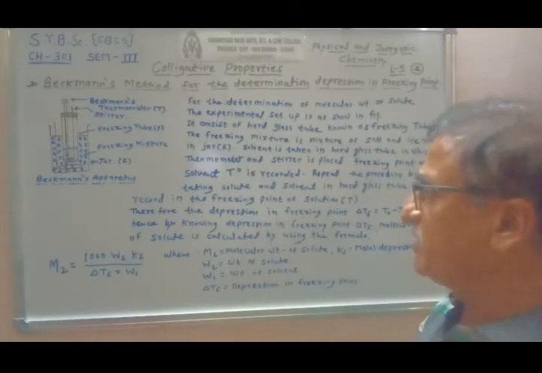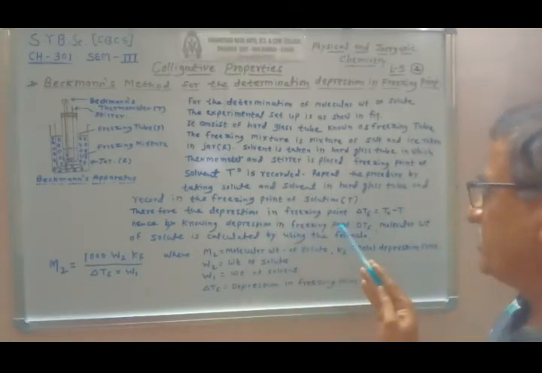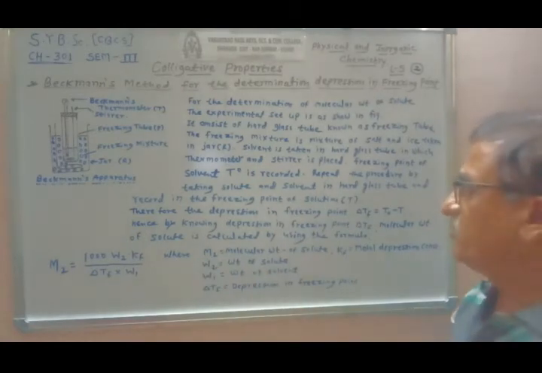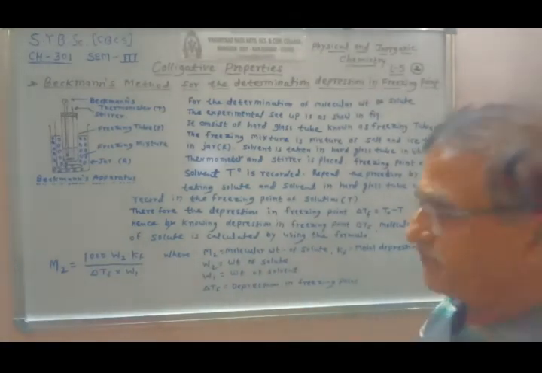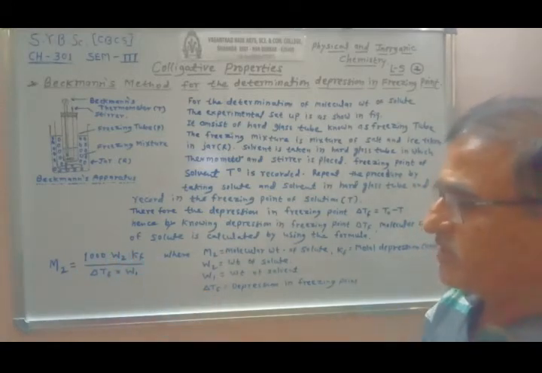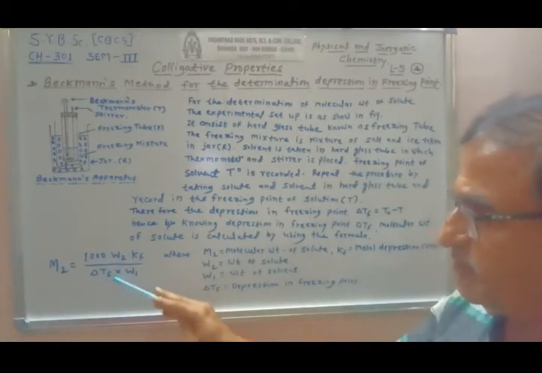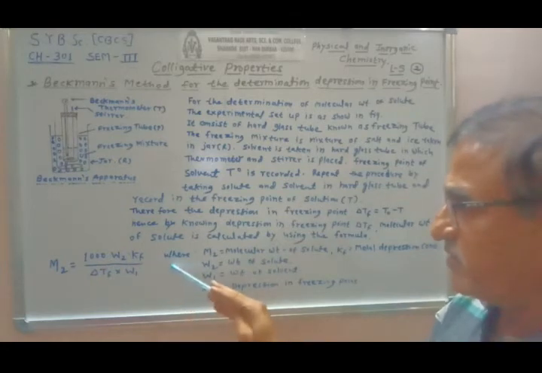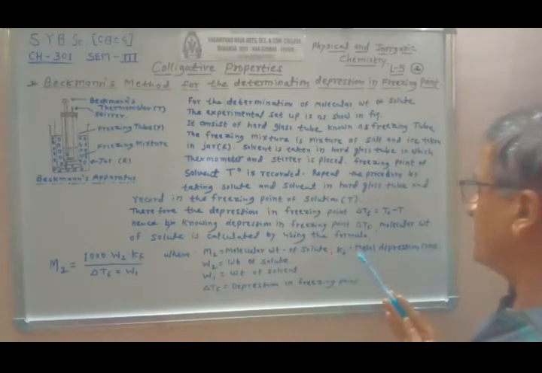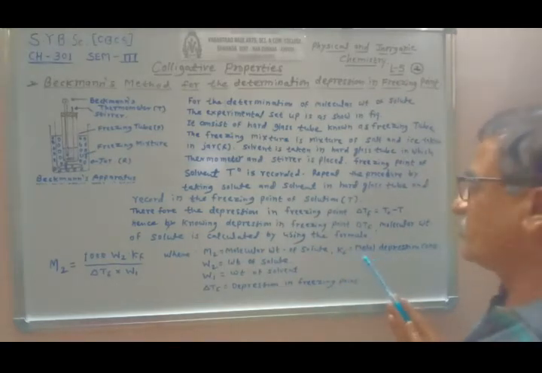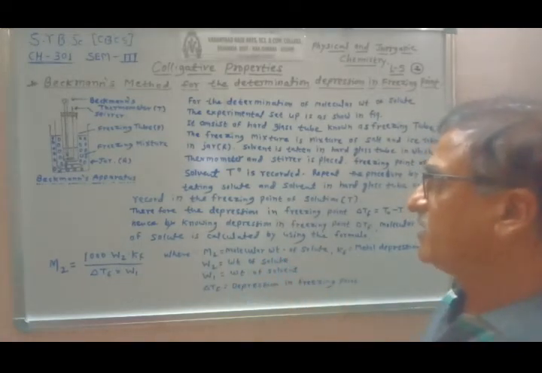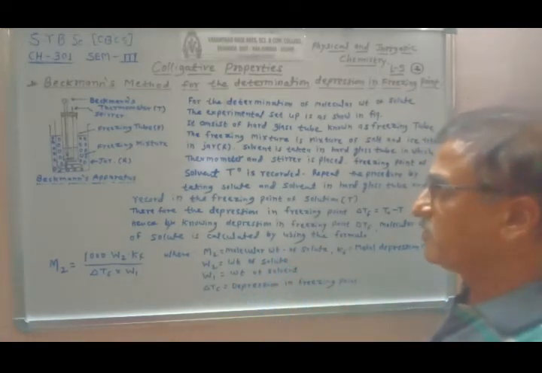Hence, by knowing the depression in freezing point delta Tf, we can calculate the molecular weight of solute by using the formula M2 is equal to 1000 into W2 into Kf divided by delta Tf into W1. Where M2 is the molecular weight of solute, Kf is the molar depression constant or cryoscopic constant, W2 is the weight of solute, and W1 is the weight of solvent.